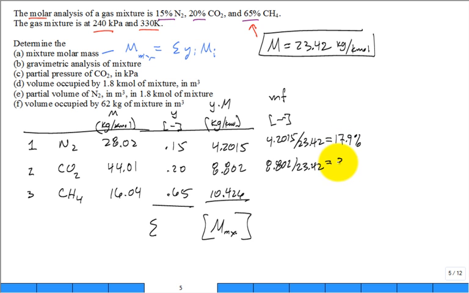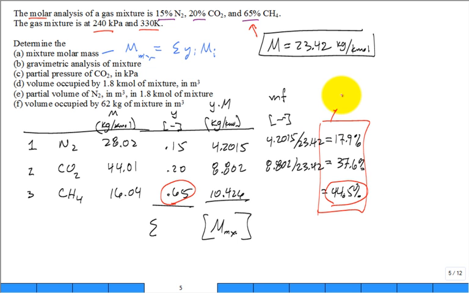This turns into 37.6%. And the last one's 44.5%. It's shifted around because it was a lot more methane on a molar basis, but on a mass basis, because methane's so light, the percent went down. Methane is light. All right. So there's a column right here that is the answer to part B. That's our gravimetric analysis. What is the partial pressure of the CO2?